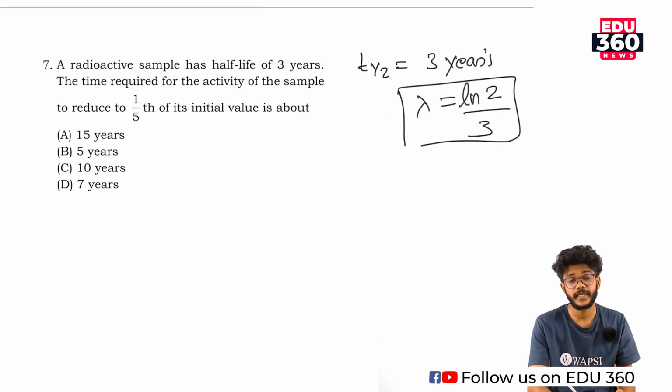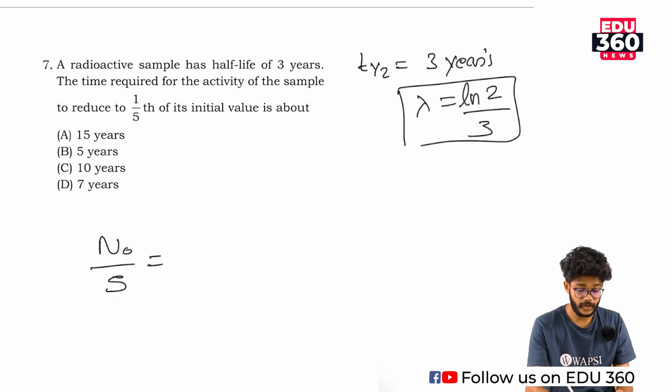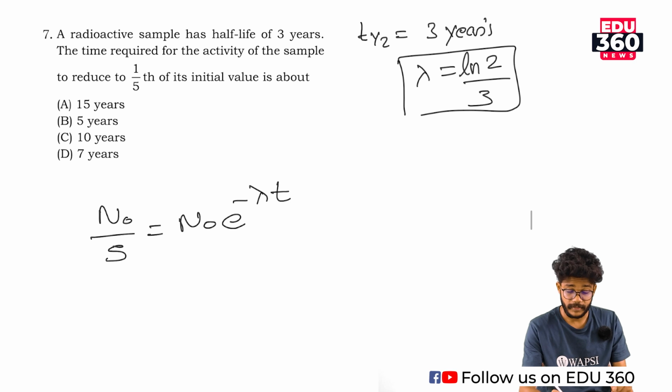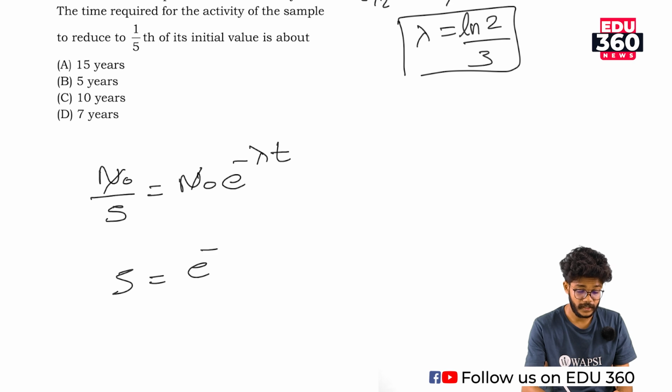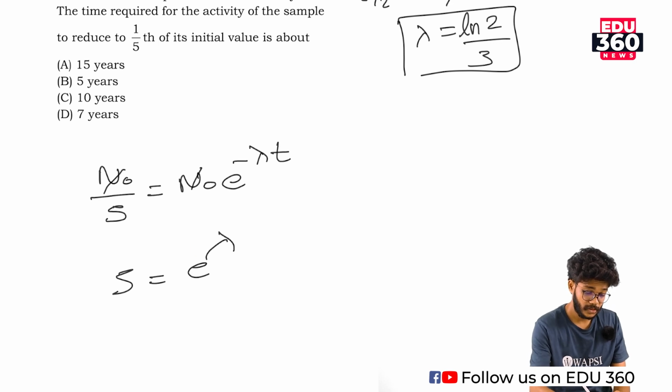So N is N0 by 5. N0 by 5 is equal to N0 e raised to minus lambda t. We need to find t. N0 is cancelled, and 5 is equal to e raised to lambda t, just lambda t, there is no minus.